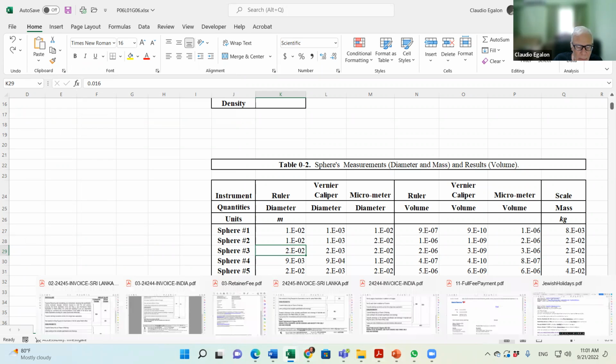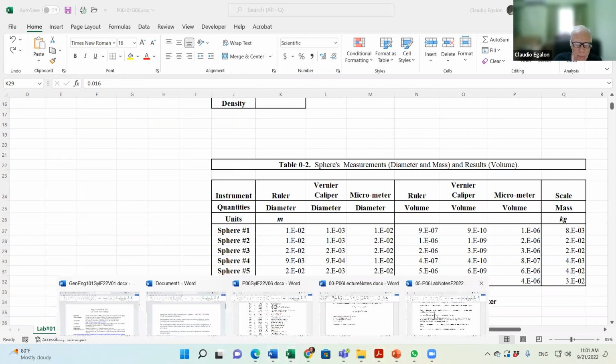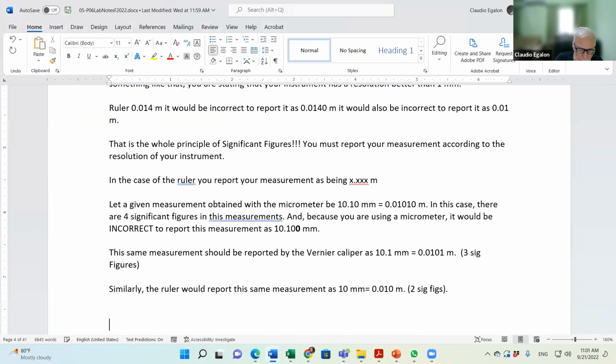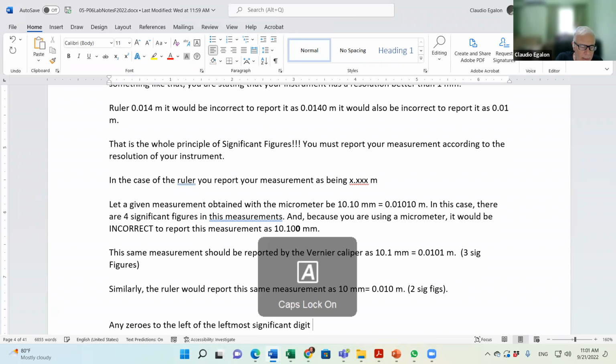So here you go, I'm going to write that down for you. Any zeros to the left of the leftmost significant digit is not a significant digit.